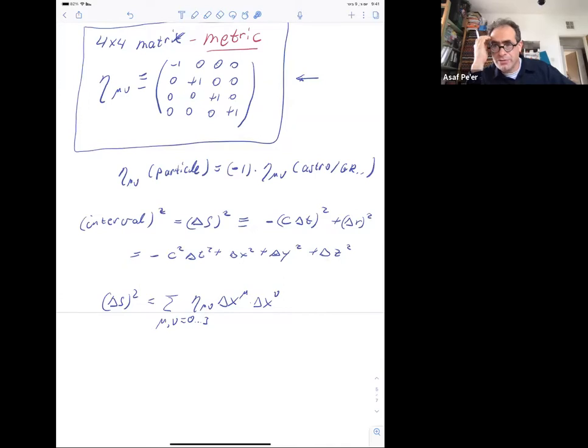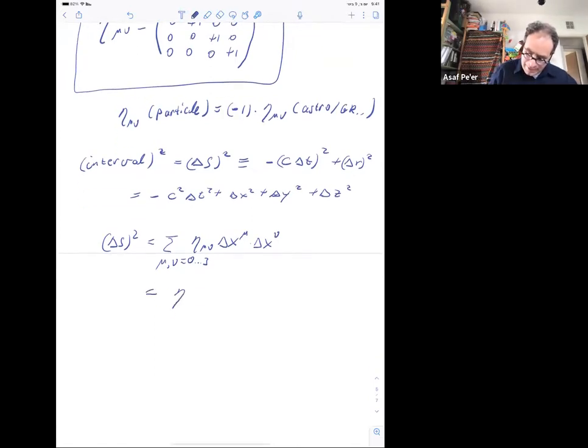So it is understood that every time we have an equation where there is an upper index and a lower index on the same side of the equation, we are summing over them. That's called Einstein's summation convention. Thank Einstein for that. So we can simply write it as eta mu nu delta x mu delta x nu.